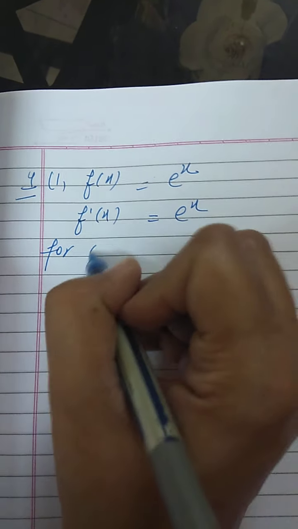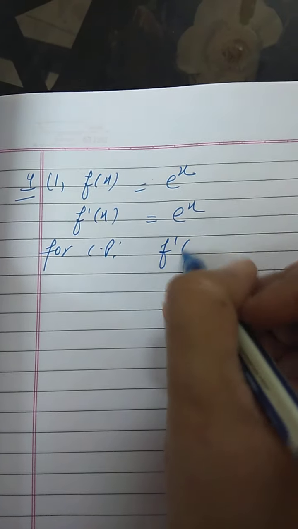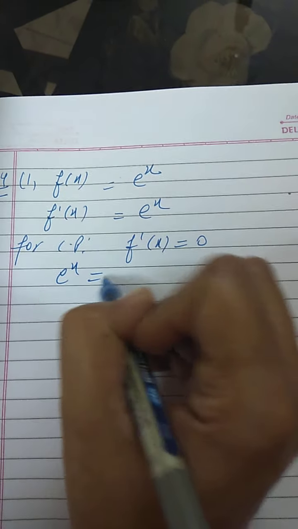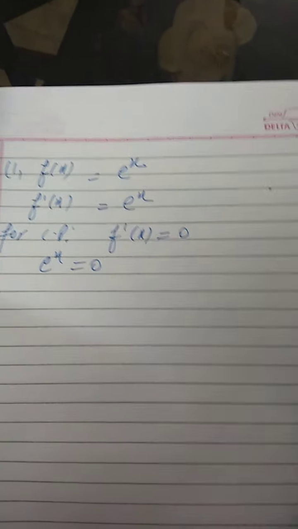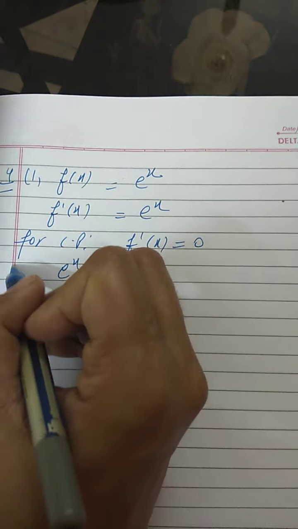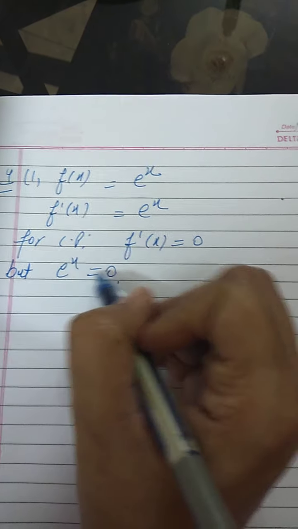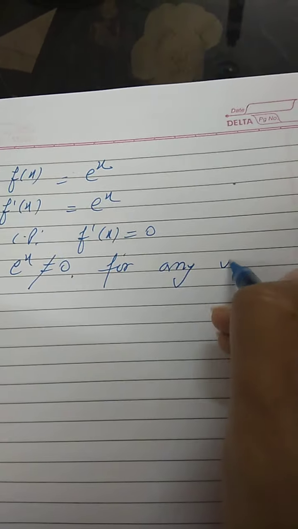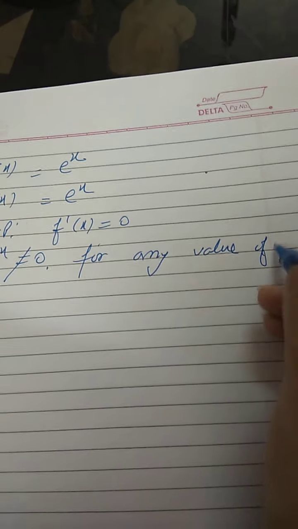If I have to find the critical points, I have to equate the derivative to 0. Now e raised to pi x equals 0. Do we have any value of x for which e raised to pi x is 0? But e raised to pi x is not equal to 0 for any value of x.